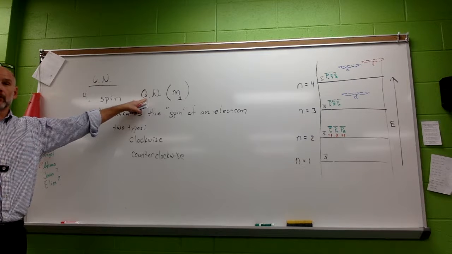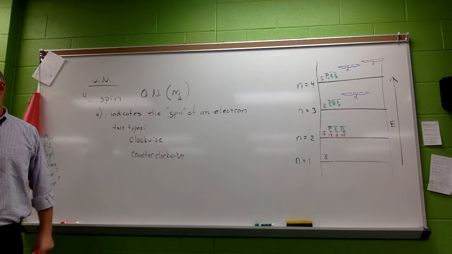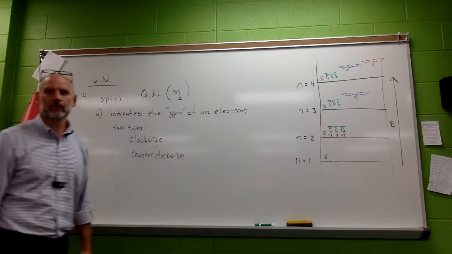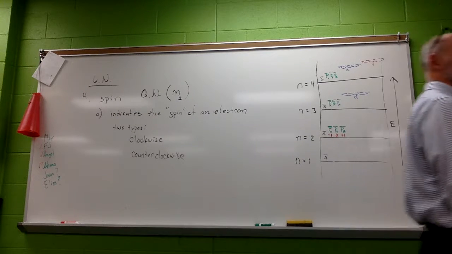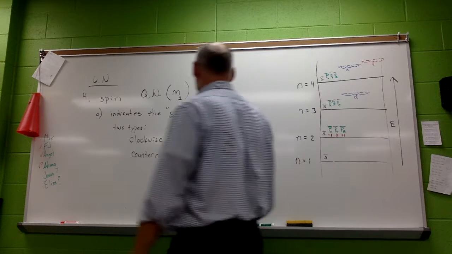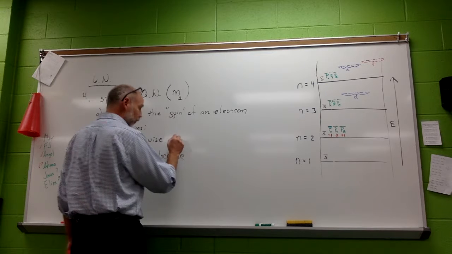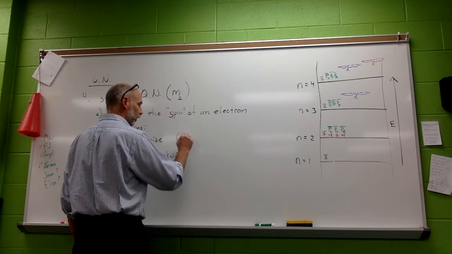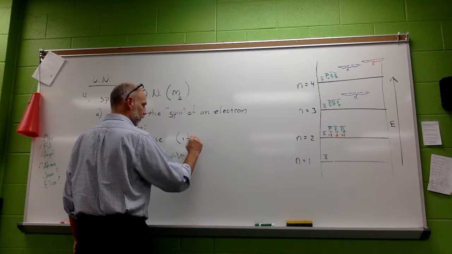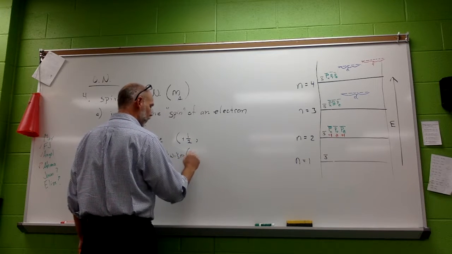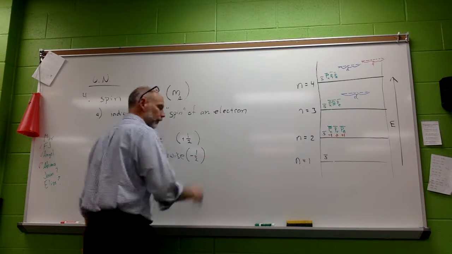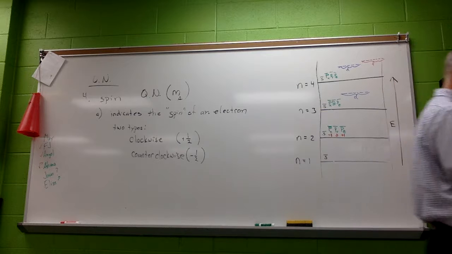Here's the two quantum numbers for spin, clockwise, counterclockwise. Wait a minute, those aren't numbers. Okay, so I'm going to show you the numbers here in a second. Clockwise spin represents positive 1/2. Counterclockwise represents negative 1/2. There's your quantum numbers. Okay?